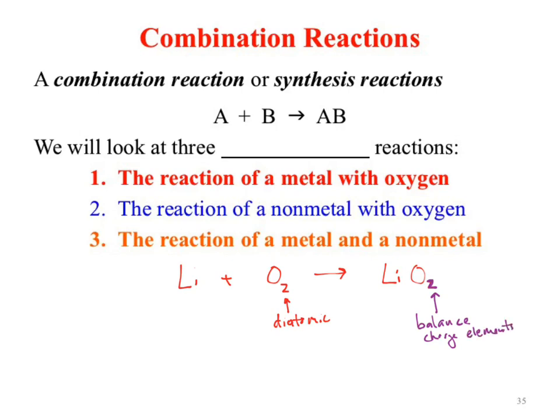And when I balance that charge, what should the overall charge be? Why do I know it needs to equal 0? That's our rule. Whenever we're doing chemical reactions, we are making neutral compounds. So, is that purple 2 correct?